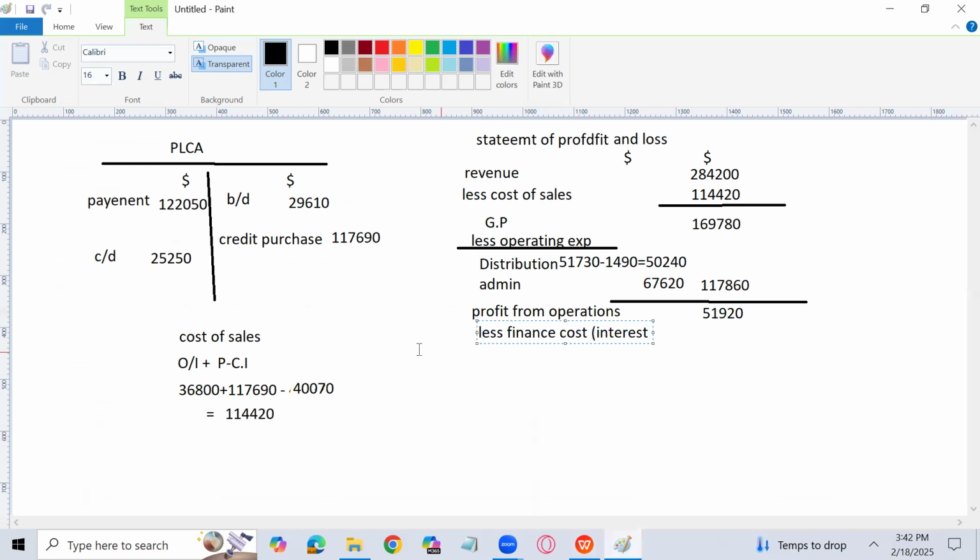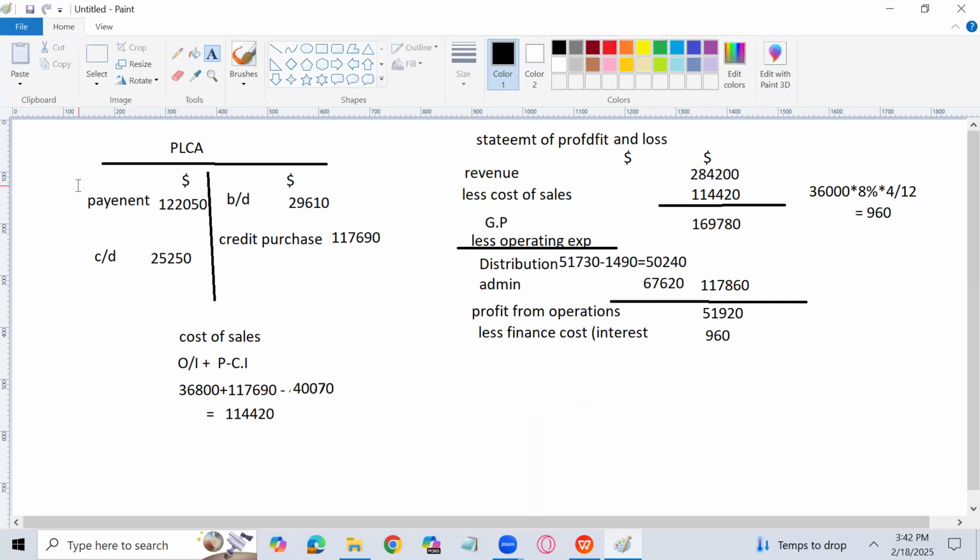So 36,000 into 8% into 4/12. How much will it come? Yes, what is the amount? $960. You have calculated already. Less finance cost, $960. I will write here.